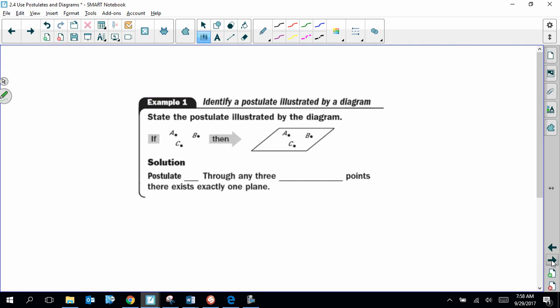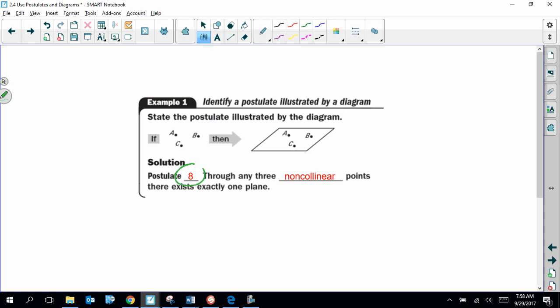So here's the postulate illustrated by the diagram. If points A, B, and C are non-collinear, then points A, B, and C must form a plane, and that's what we're seeing here. The postulate number here was postulate 8. If there are any three non-collinear points, there exists exactly one plane.